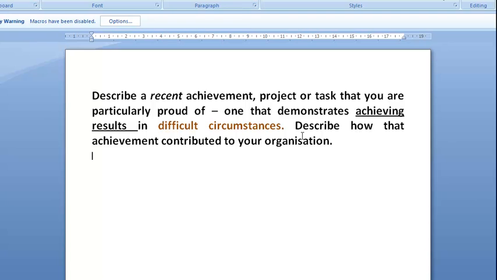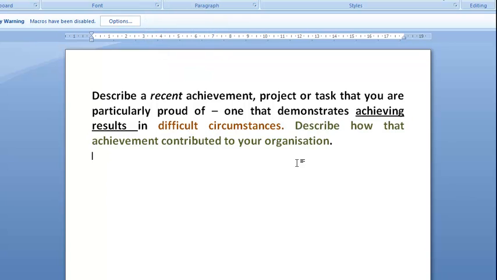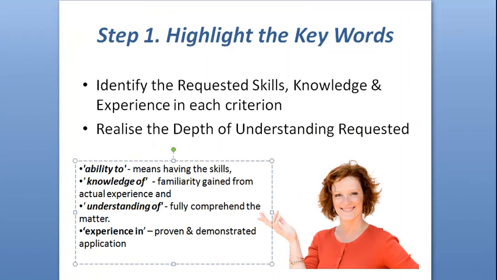And then describe how that achievement contributed to your organisation. So that would be bottom line stuff. Whatever the organisation's goals are, whatever you did has to be aligned, has to have helped that organisation achieve its goals. Alrighty, so that's just an understanding of highlighting the most important words.